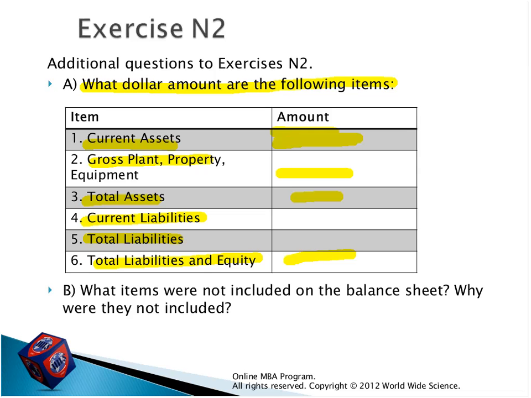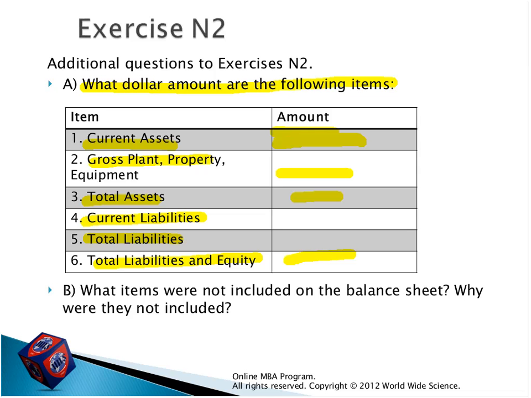Okay? Dollar amount means the value. You have to accumulate the items in value and put here the amounts of the current assets, for example. Yes, this concerns the previous slide, the balance sheet.